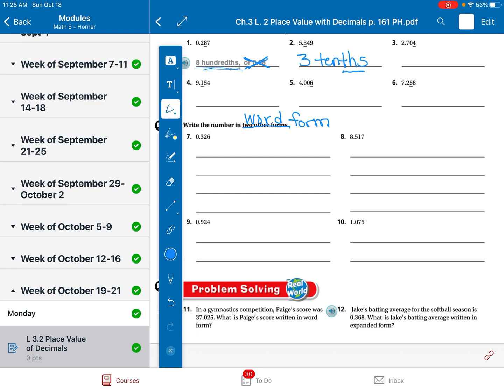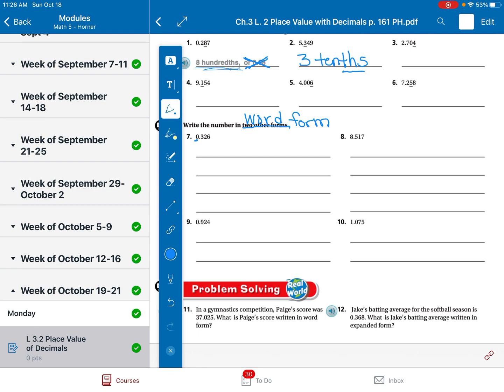So, number 7, we have a 0, and then our decimal, and then a 3, 2, 6. When we have a 0, we don't necessarily need to say 0. You can if you want to, but you do not have to. So, the last digit is the 6, and I know that that 6 is in the thousandths place.